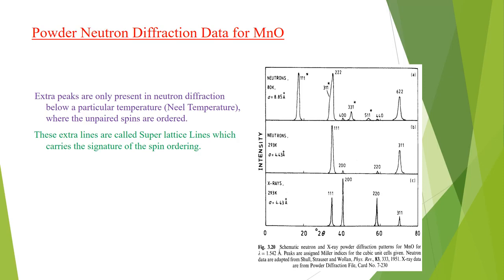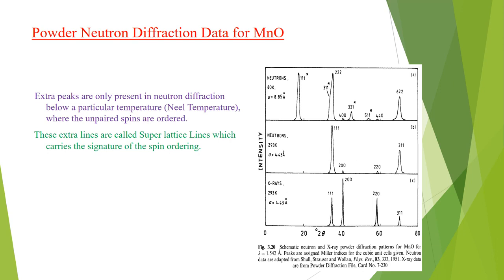Here is powder neutron diffraction data for manganese oxide, which is taken in comparison with X-ray analysis at 293 Kelvin, and it is also taken by changing the temperature for the neutron diffraction technique. Once it was taken at 293 Kelvin and after that at 80 Kelvin. So differences in the peaks of the planes are observable in figure 3.20.